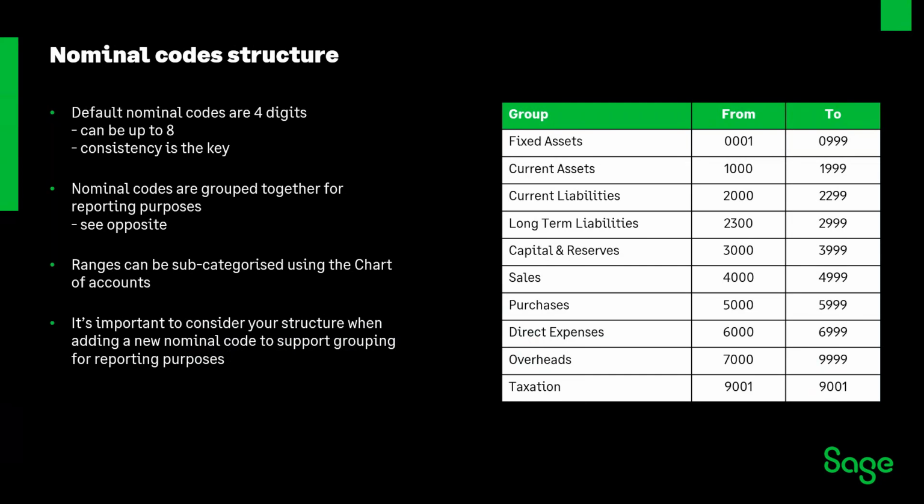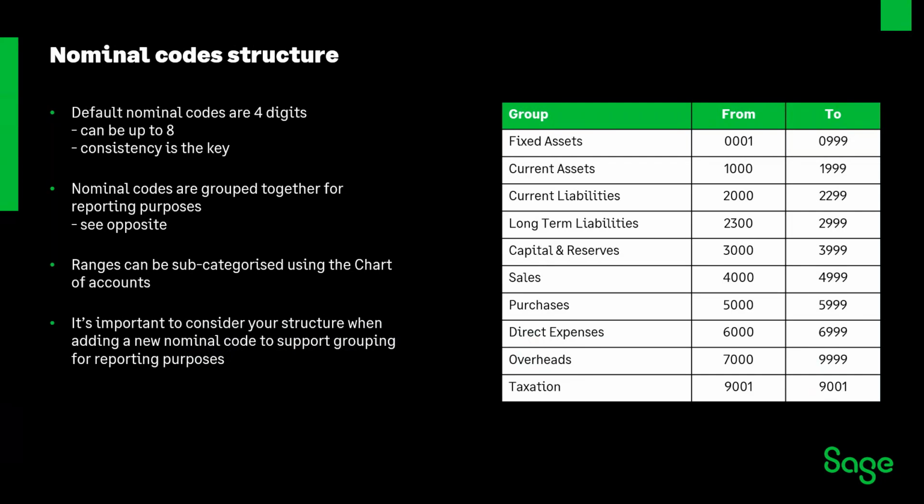And then we go on to long-term liabilities, 2300 to 2999, etc. So your balance sheet really runs from number 1 up to 3999. Profit and loss nominal codes generally run from 4,000 to the end of your range.